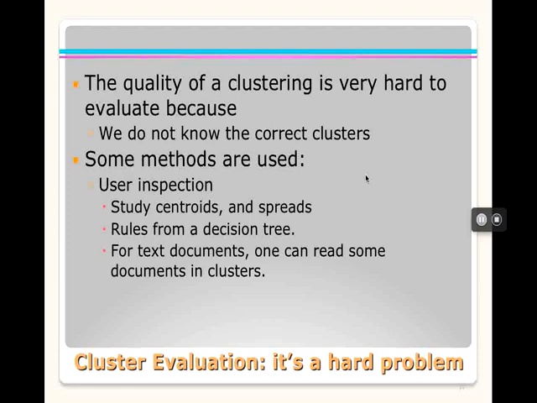Some methods that help us are user inspection, where we keep trying to find the centroids and spread of the data and see how the clustering works, or building a decision tree. For example, in text mining, as we know, it's very sparse data, and it's very difficult to find topics related to each other and put them in one cluster.